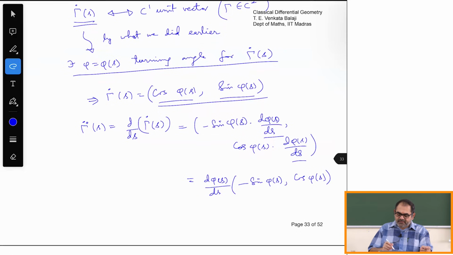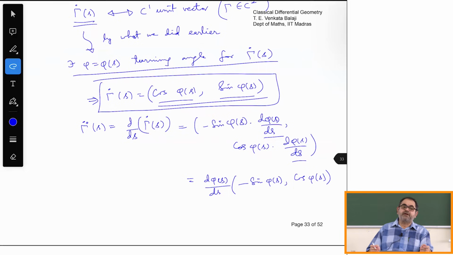If gamma dot is this vector, what is the analytic or geometric definition, if you want, of the unit sine normal? You have to rotate this vector by 90 degrees anticlockwise, and you get the sine normal. If you rotate by 90 degrees anticlockwise, this is what you will get.